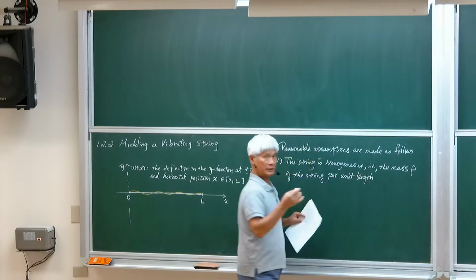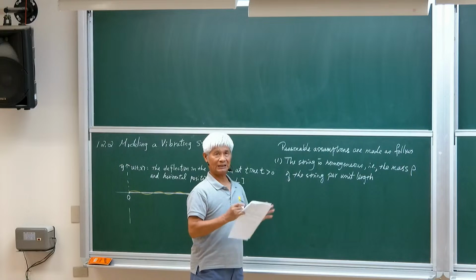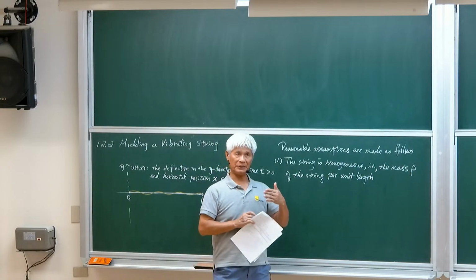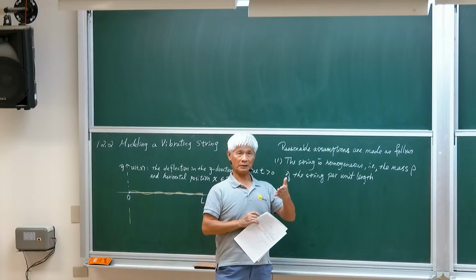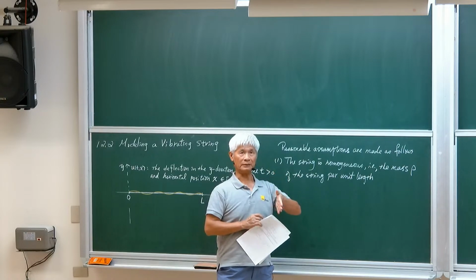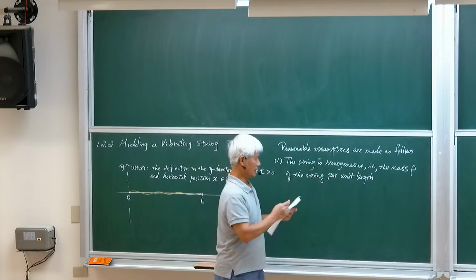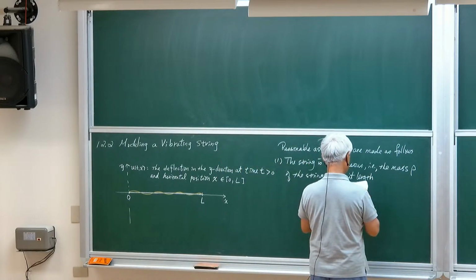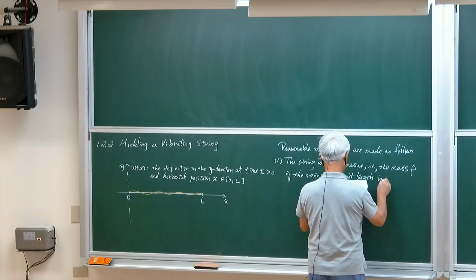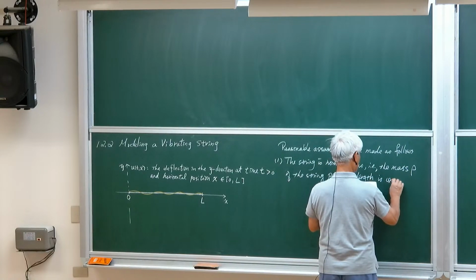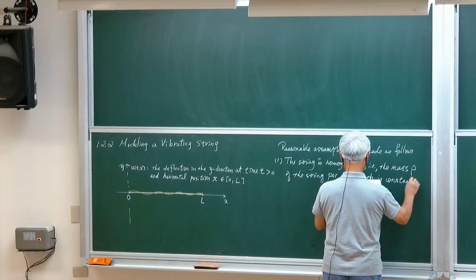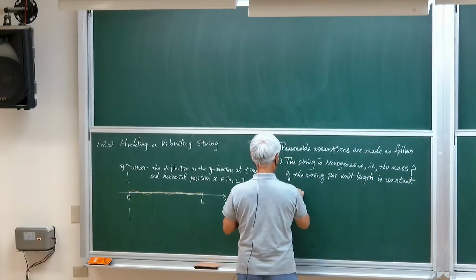So rho is the mass density. For example, the unit will be kilogram divided by meter. So that per unit length is constant throughout the string.